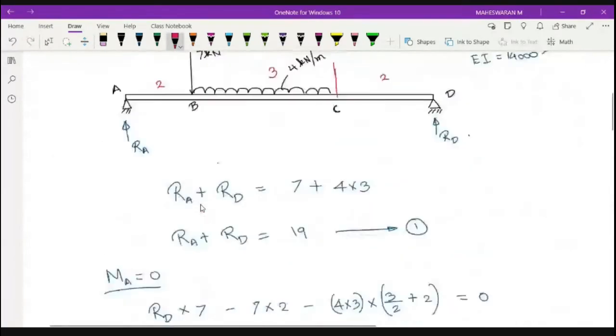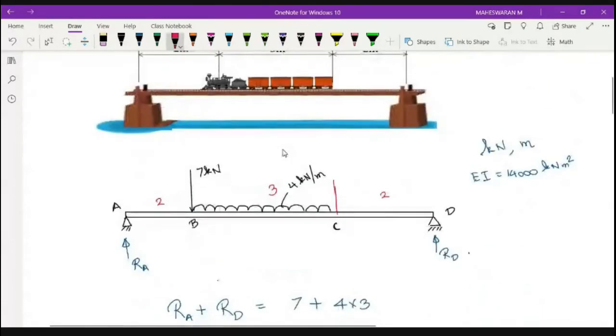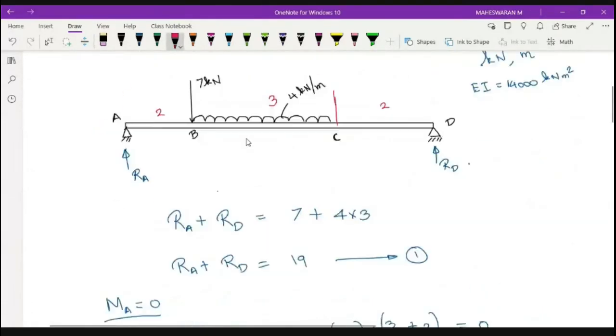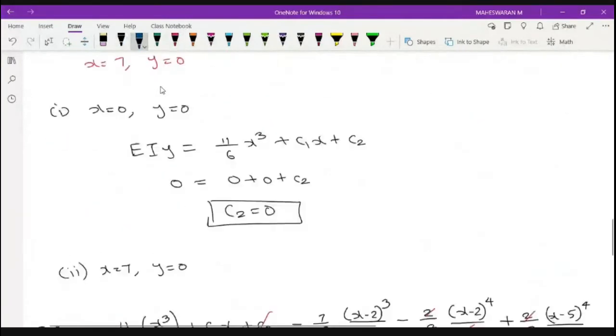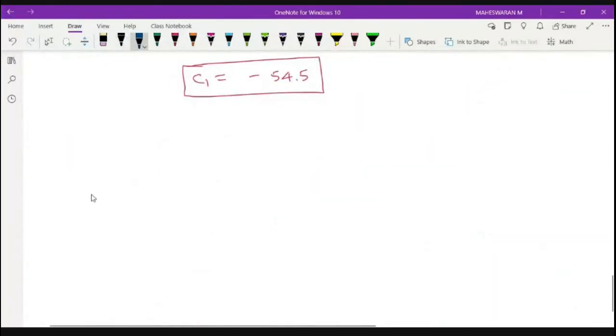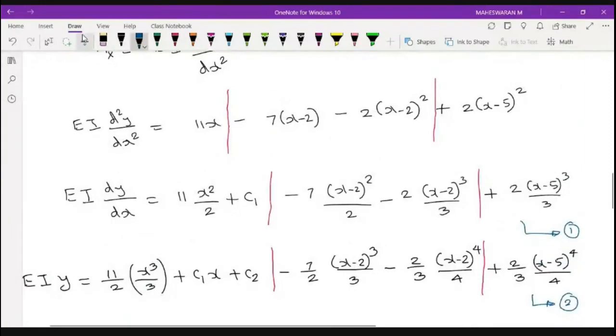In the problem, they are asking for both slope and deflection, which means I have to write both the slope equation and the deflection equation. First, let us write my slope equation. What is my final slope equation? It is equation number 1, so that is my final slope equation.